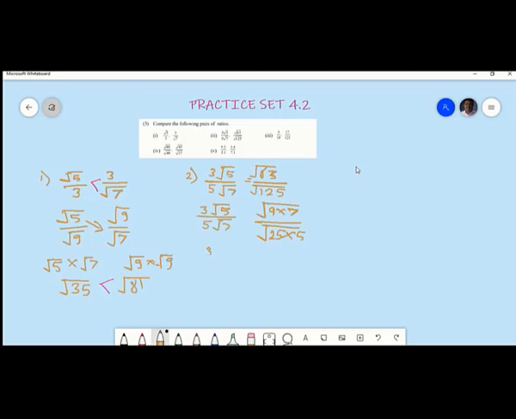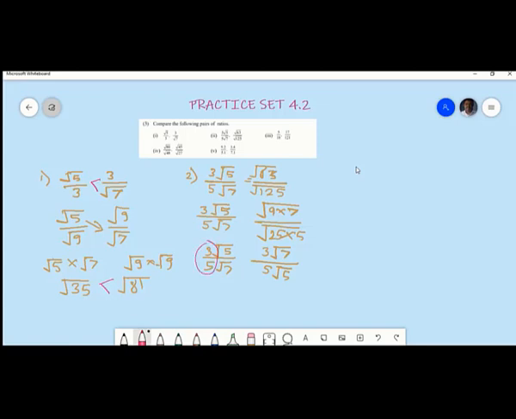So 3 root 5 upon 5 root 7, and the square root of 9 is 3, so root 63 is 3 root 7, and the square root of 25 is 5, so root 125 is 5 root 5.